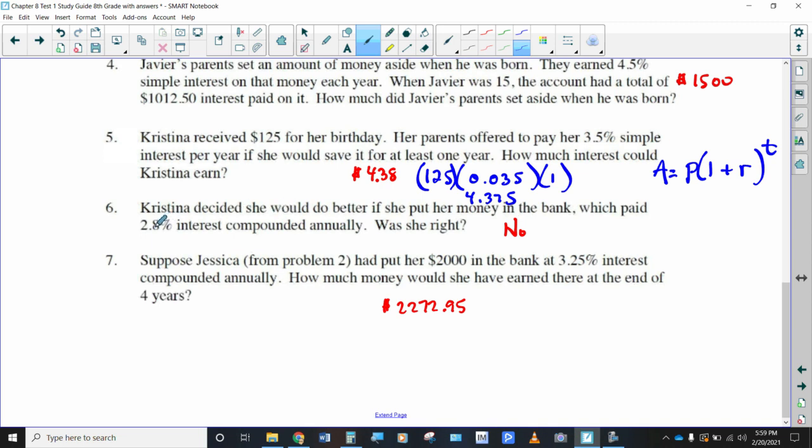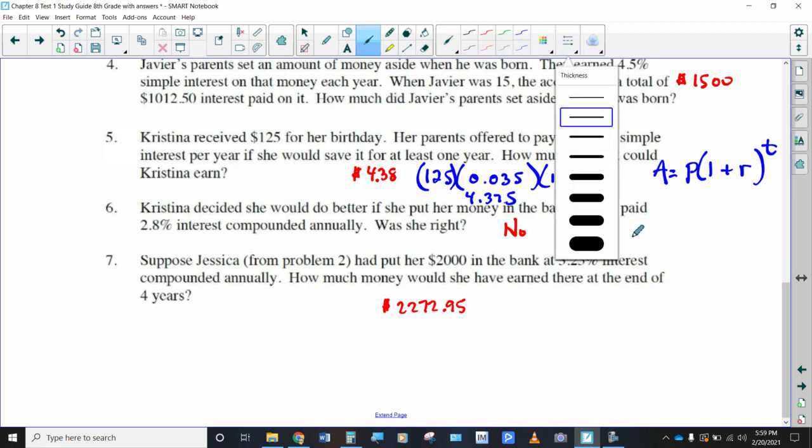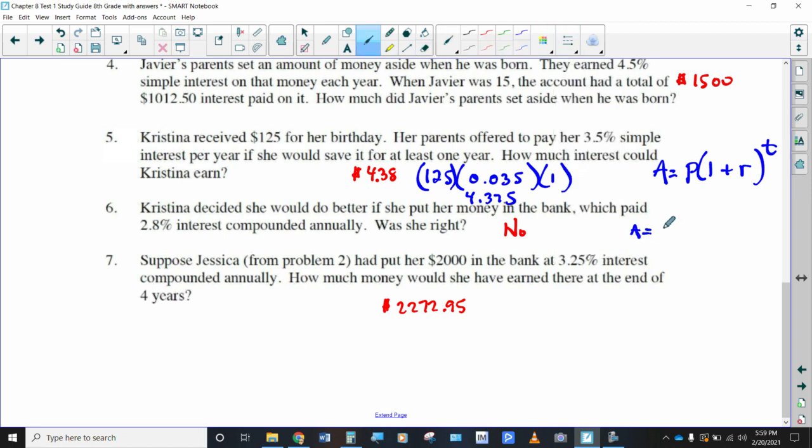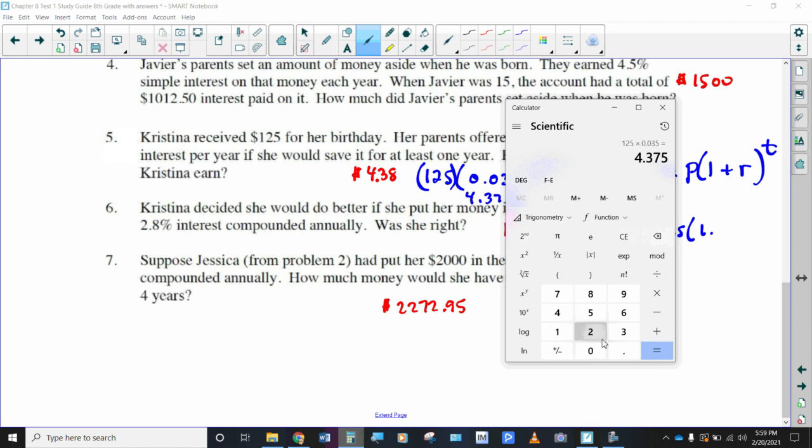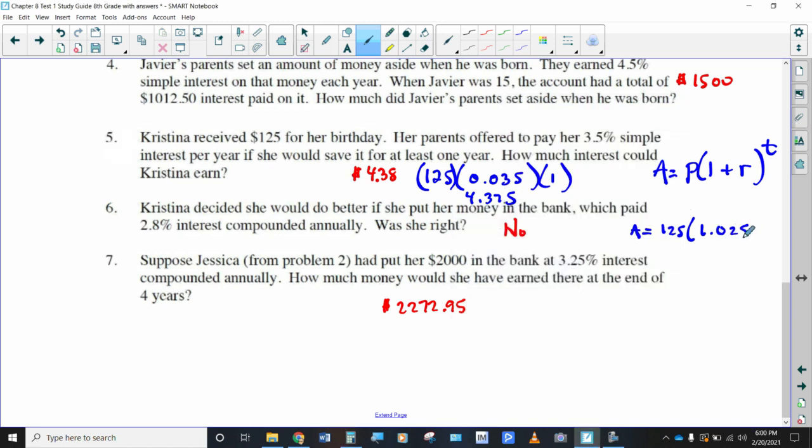The fact that this started off as a lower amount, our new amount is going to be, let me change that, hold on for a second. I need a finer point pen. So the new amount is going to be your $125 times 1 point, and then this as a decimal number is 2.8 divided by 100, and so I'll add that to the 1, and I get 1.028. So 1.028, and then this is only going to be for 1 year, right?